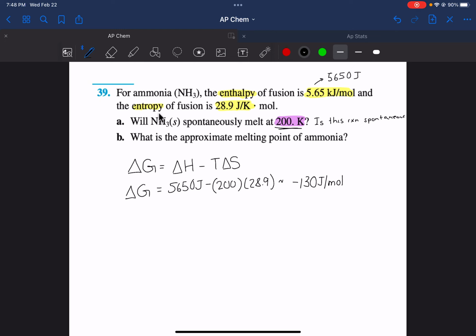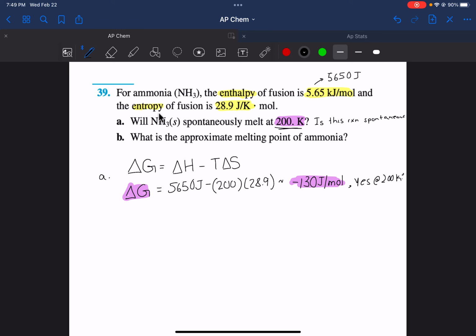This is basically 200 times 30, not exactly, but that's the idea. Now, since delta G is negative, for part A, will NH3 spontaneously melt? The answer is yes. It will spontaneously melt at 200 degrees Kelvin.